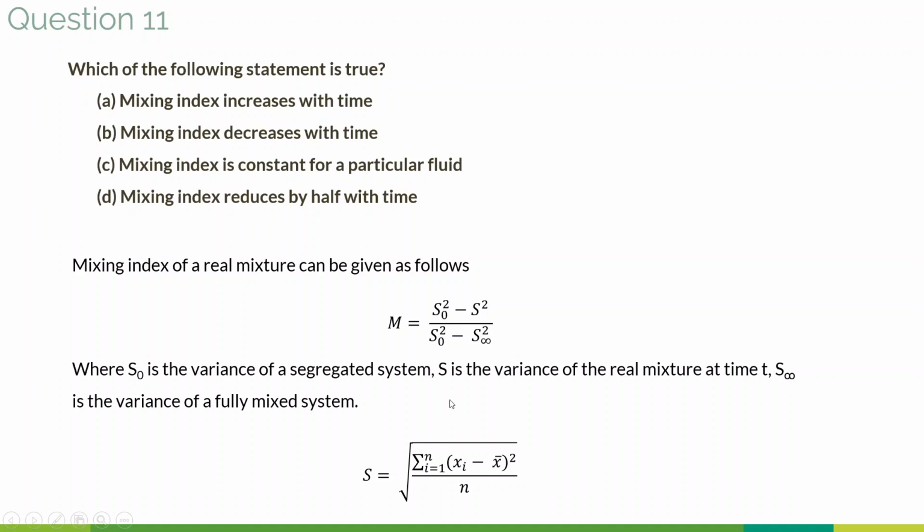Or another way to look at it is that as you increase the time, it will start approaching the fully mixed system, which means that S square will start approaching S infinity square. So if S square starts approaching S infinity square, M will start increasing all the way from 0 to 1, which means that as time increases, your mixing index will also increase from almost nearly 0 to nearly 1.